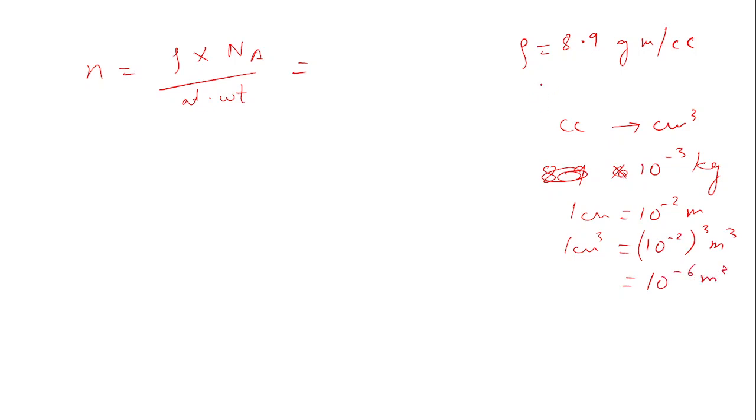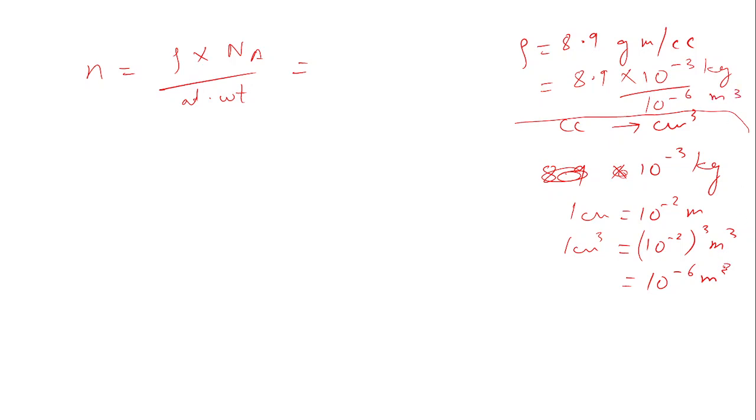That means this density will become 8.9 times 10 to the power minus 3 kg divided by 10 to the power minus 6 meter cube.